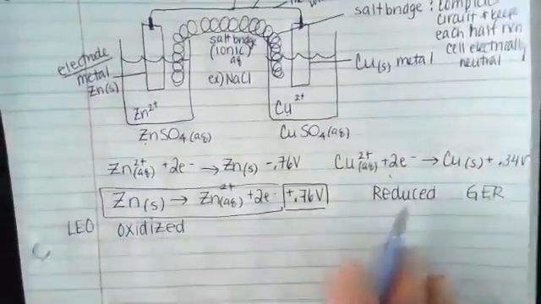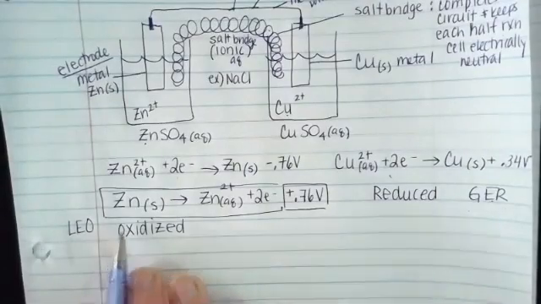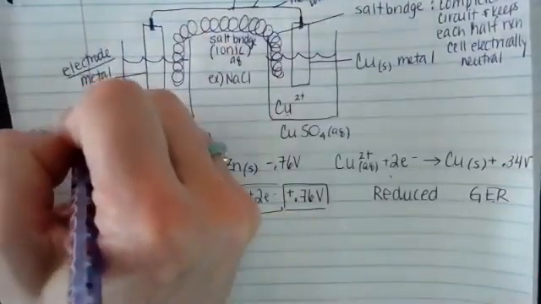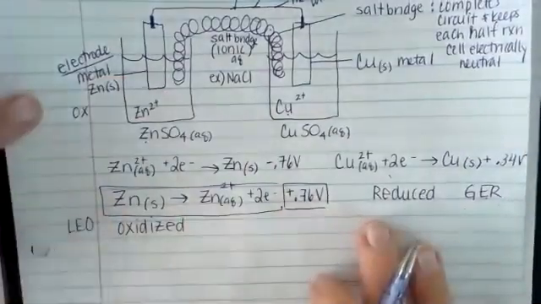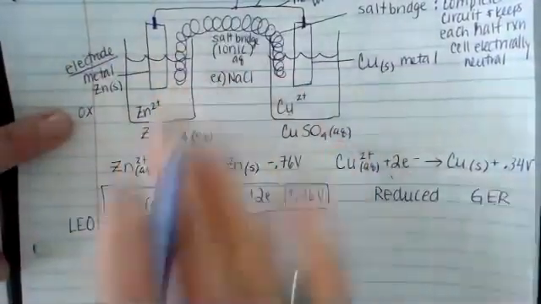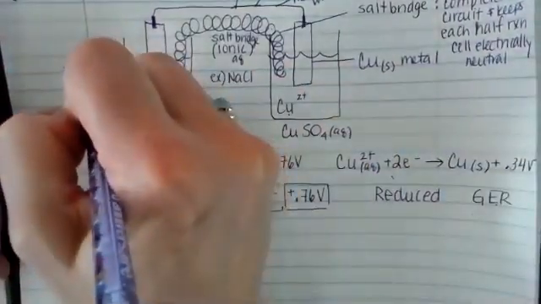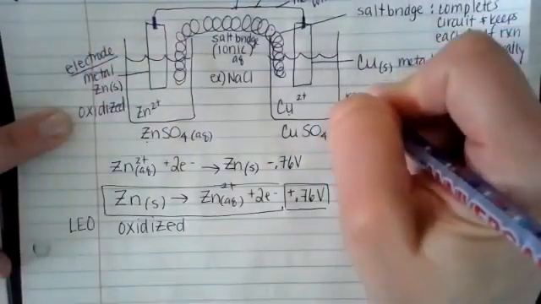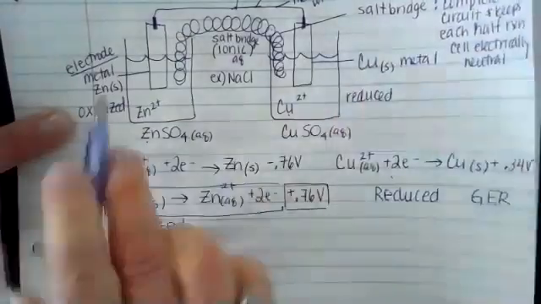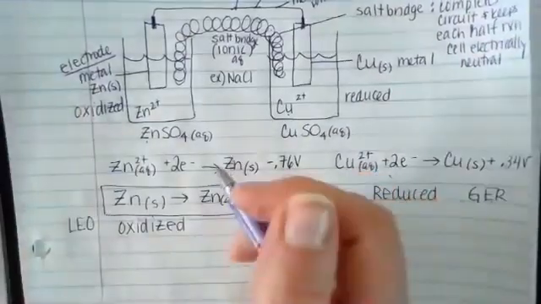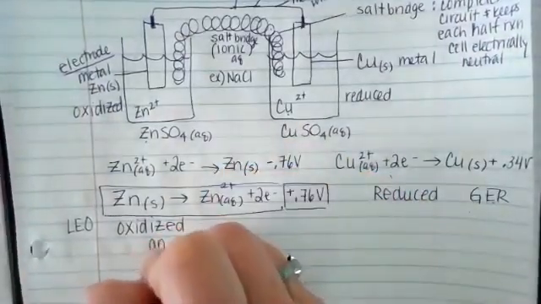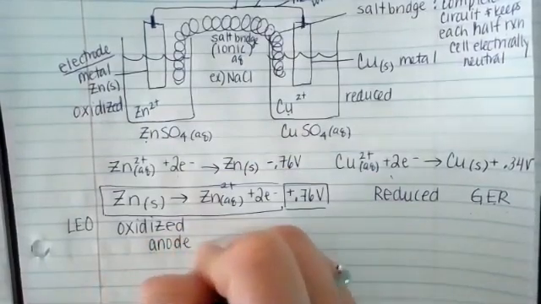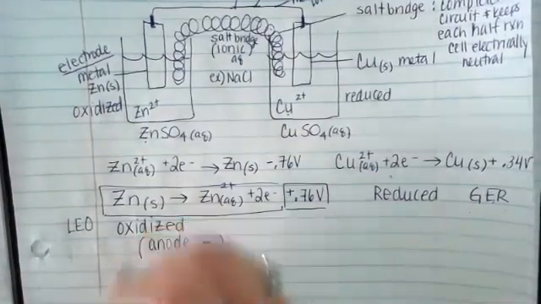There's vocabulary that is associated with oxidized. So I'm going to rewrite the facts up here just so we can focus. These are our notes, but this is the image of what our battery looks like. So this is the oxidized, and this one is being reduced. When something is oxidized, it is called the anode, or the negative portion of the battery.